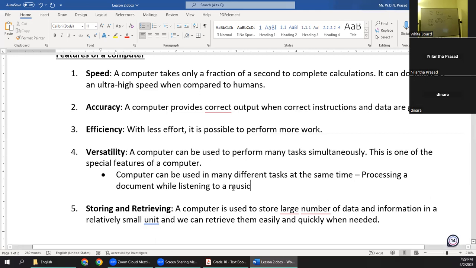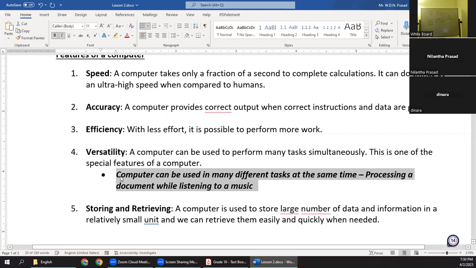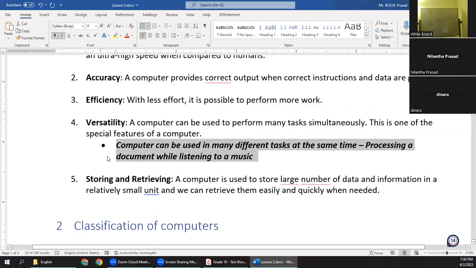You can do that. Right? This is what we call versatility. I think the other one you can understand, storing and retrieving data.